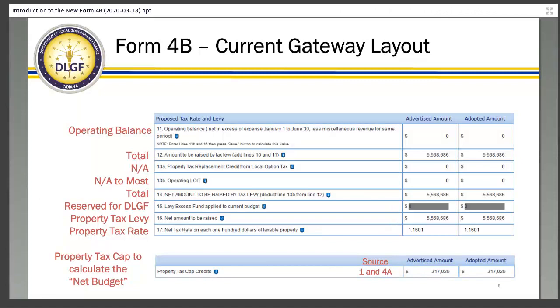This is when we evaluate all the revenue coming in, examine all the expenditures planned, and factor in the cash and everything else. If line 11 is negative, it means that even if the unit spent their cash balances all the way down to 0, they can't afford the budget as it's currently being presented.